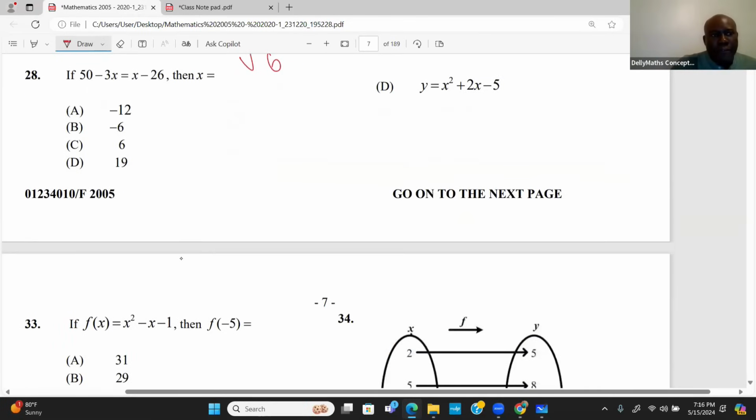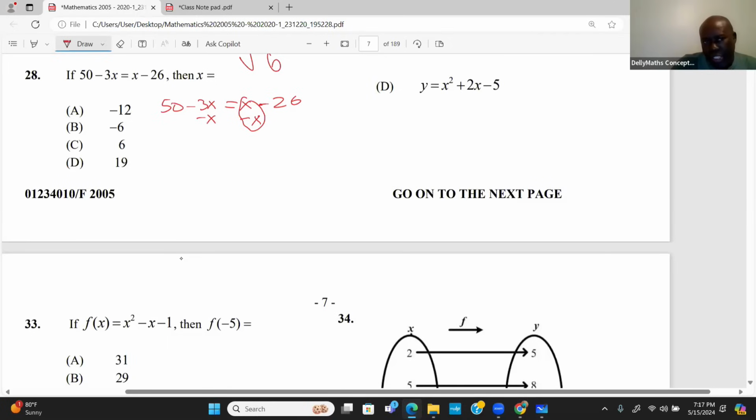Right. If 50 minus 3x is equal to this, then what is x? You want to work this out. So you're doing regular work. You have to solve your algebra the regular way, where you collect the like terms on one side and collect the constants to the other side. So let us say I'm migrating all my x's to the left. I'm subtracting x from both sides.